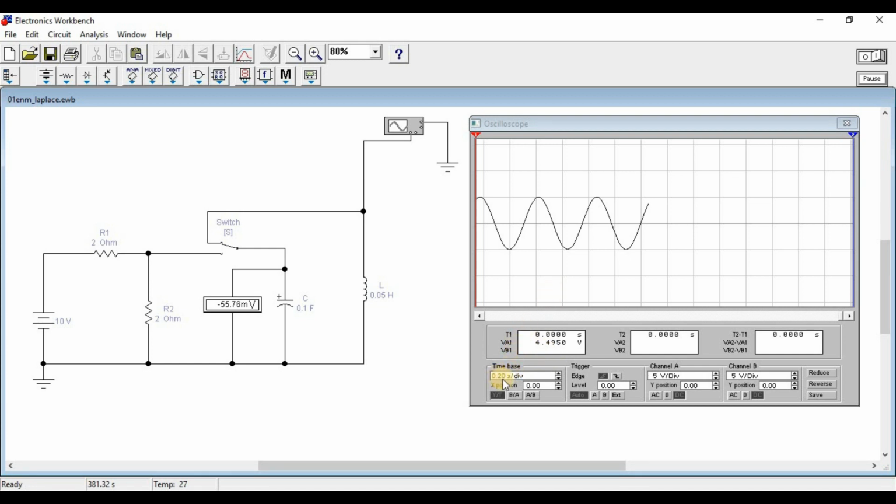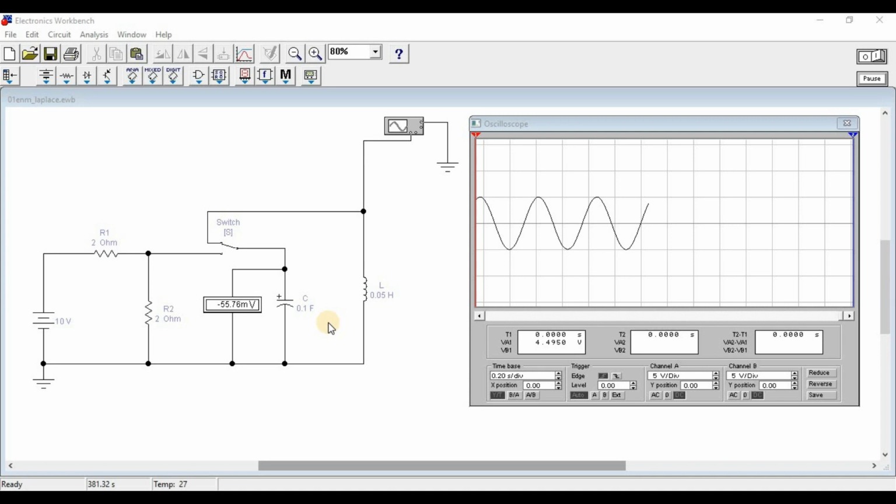So 0.2 seconds per division times 2.2 divisions is 0.44 seconds, and this figure also agrees with our previous calculation. Okay, so we have seen that the simulation result and our calculation are totally in agreement.